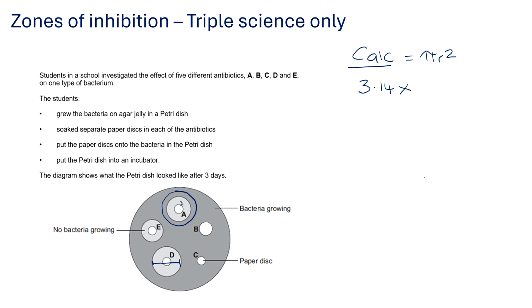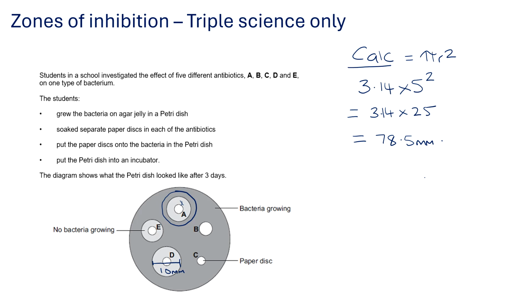So if you look at antibiotic D, if we measured that diameter and it was 10 millimeters, we would put in 5, we would divide by 2, and then don't forget our equation is squared. So 3.14 times 25, and therefore our zone of inhibition is 78.5 millimeters.